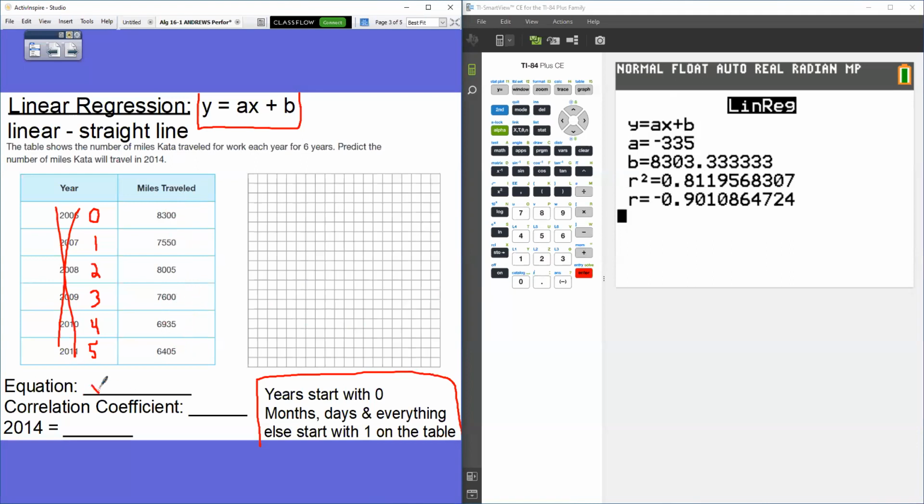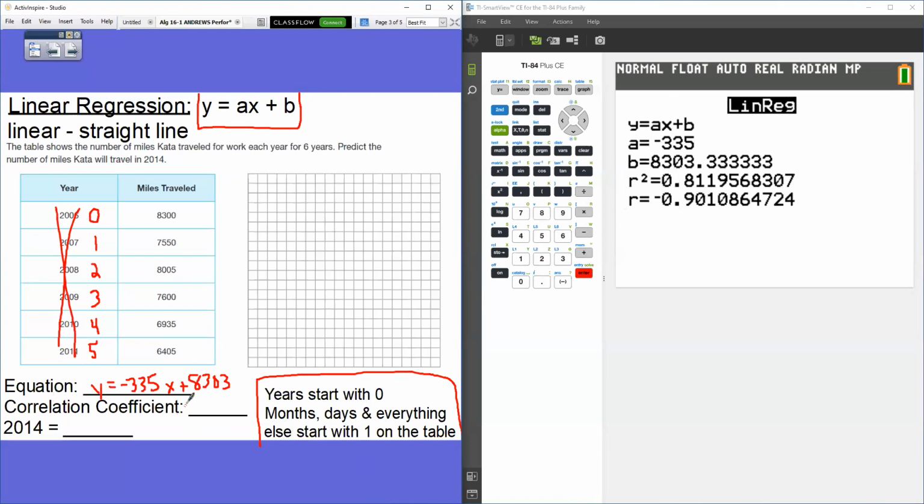All right, so we're going to have y equals negative 335, because that's our a value, x, and then our b value is a positive 8303. Since it's positive, it's going to be plus. If it was negative, then it would be minus. So it's plus 8303. So that is our equation.